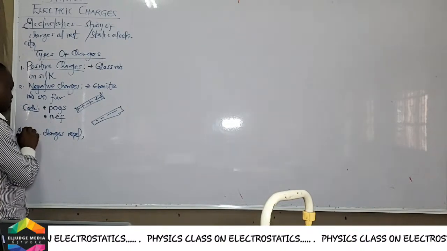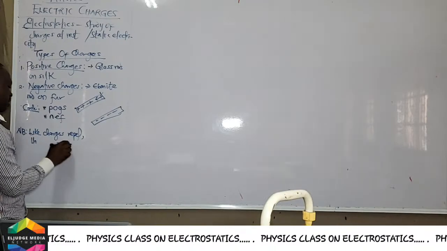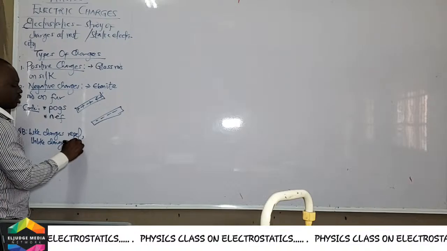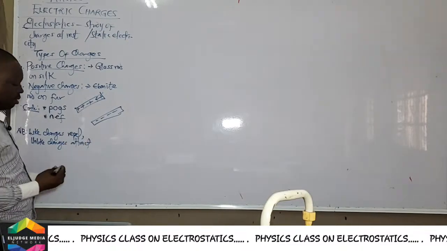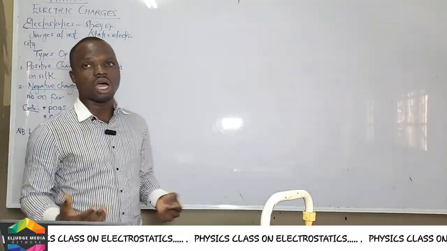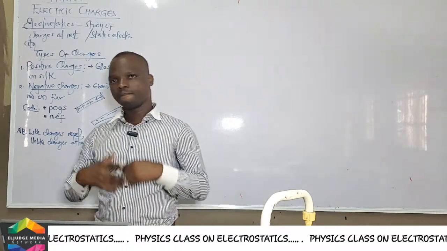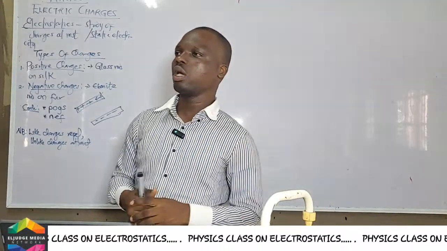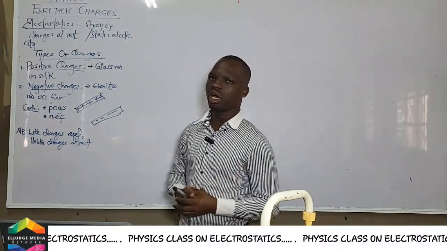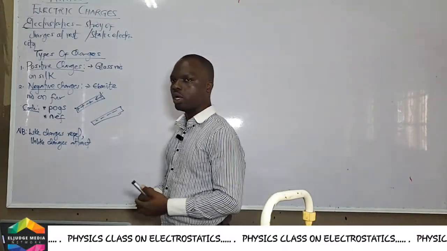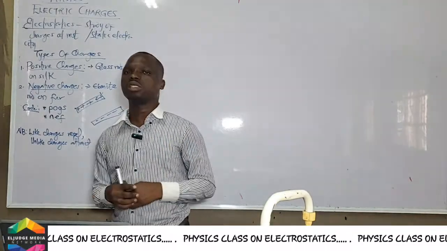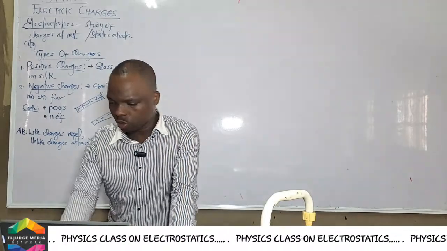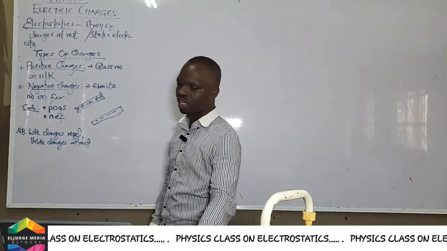Let us use the word like charges repel, unlike charges attract each other. If you bring a positive and a positive charge close to each other, there's going to be a repulsive force that you'll notice. Also, if you bring a negative and a negative charge, there's going to also be a repulsive force. But when you bring different charges, a positive and a negative charge, you're going to have an attraction between the two.